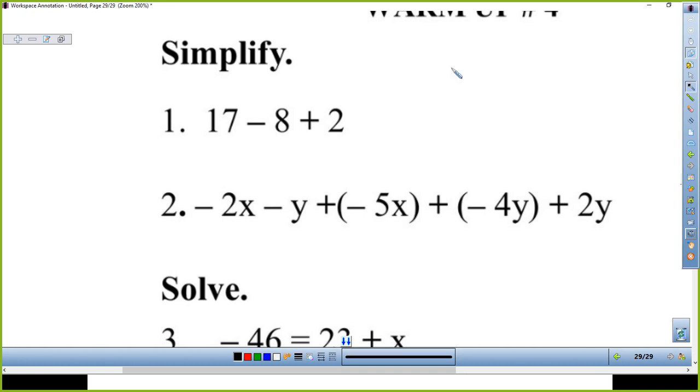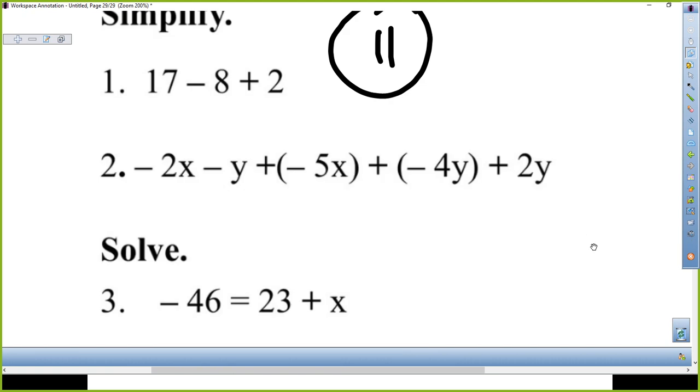Pass it to someone, number 2. Oh, Daniel Ortega. Danny, what'd you get for number 2? Negative 7x minus 3y.